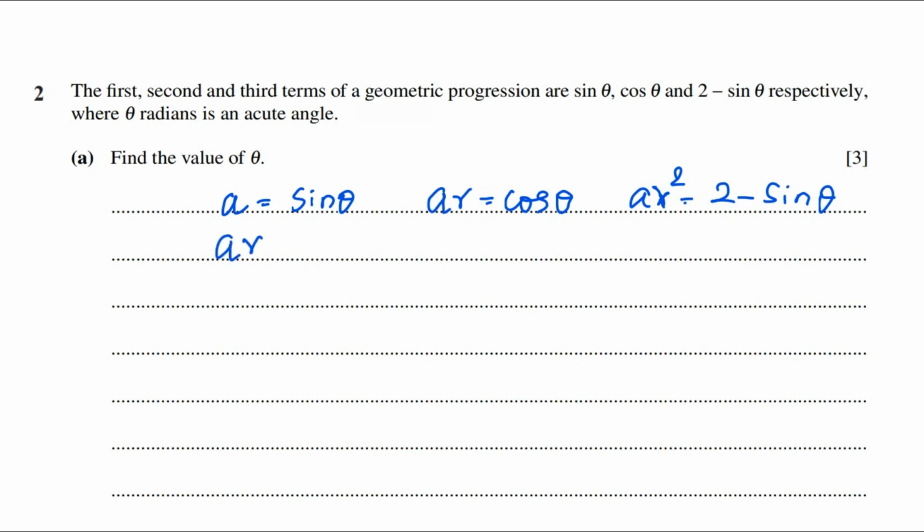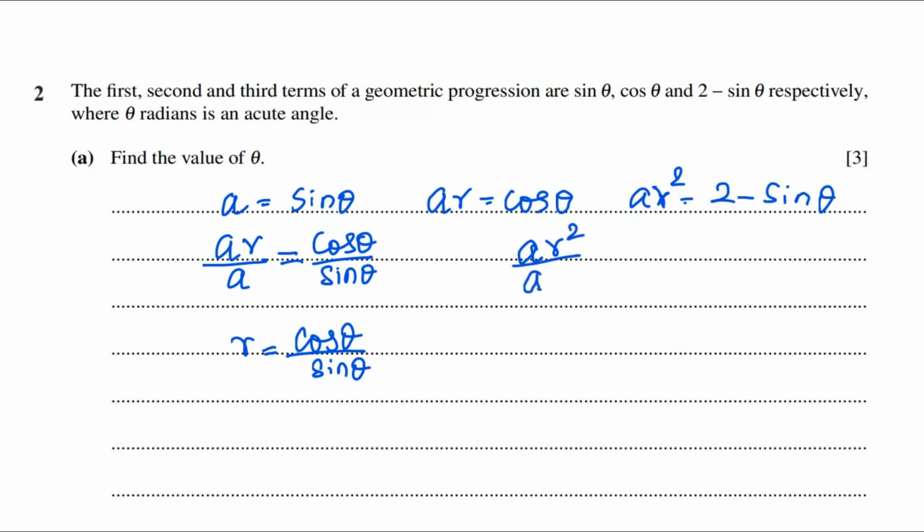Let's find out the R value by writing AR divided by A. So AR is cos theta divided by sine theta. So R will be cos theta divided by sine theta. From these two terms, again let's find out what the R value is.